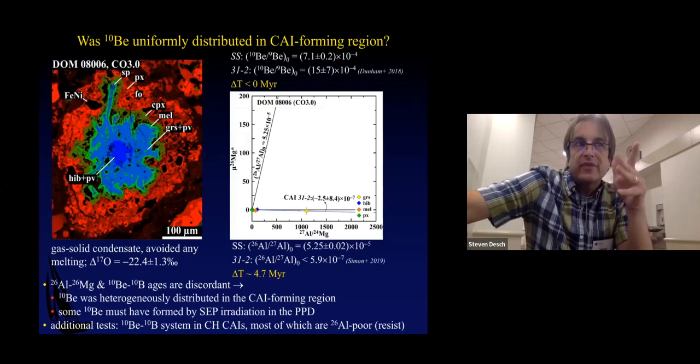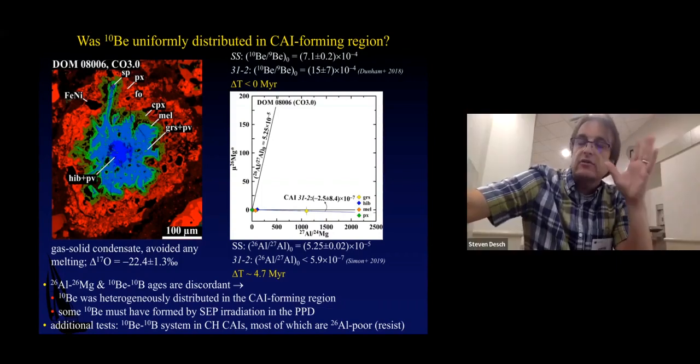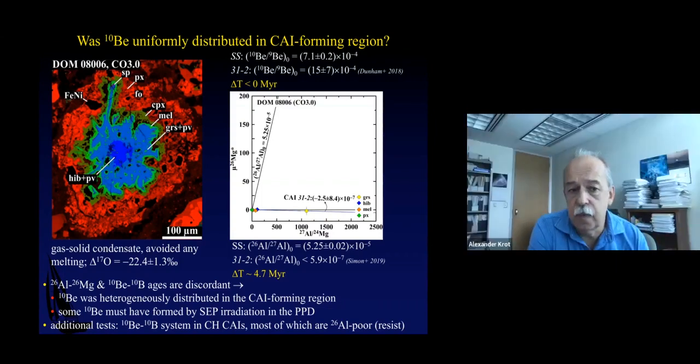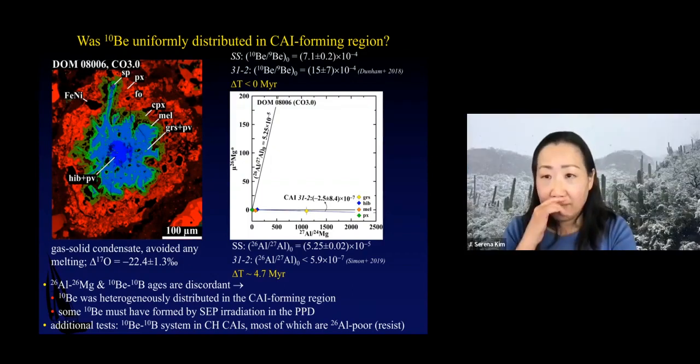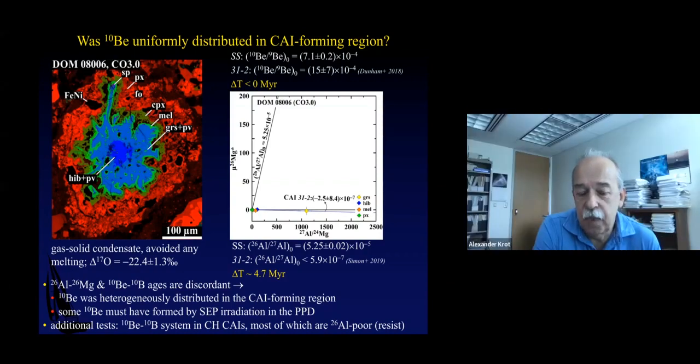There are a lot of error bars, but they're consistent with a late formation. Yes, they're not discordant, I understand. But again, the question is how to interpret the low initial aluminum-26 to aluminum-27 ratio. I think you're looking at a pre-solar signature. Yes, but in principle, there is a test of both ideas.